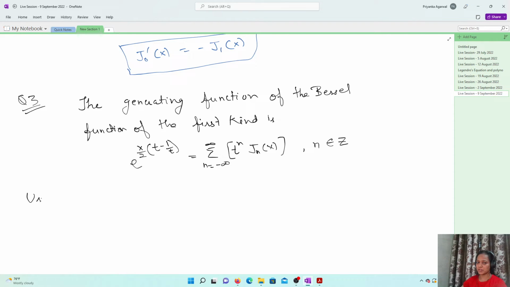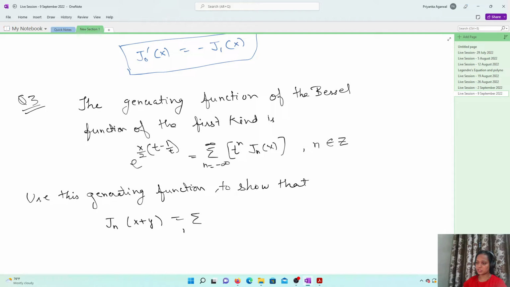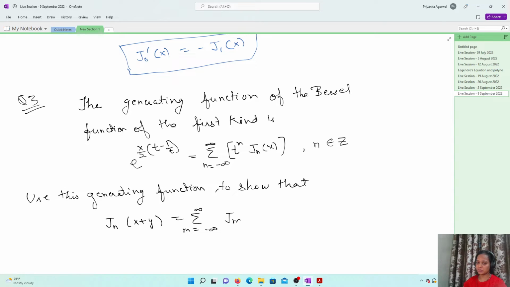Now use this generating function to show that J n of x plus y equals summation m equals minus infinity to infinity J m of y into J n minus m of x.